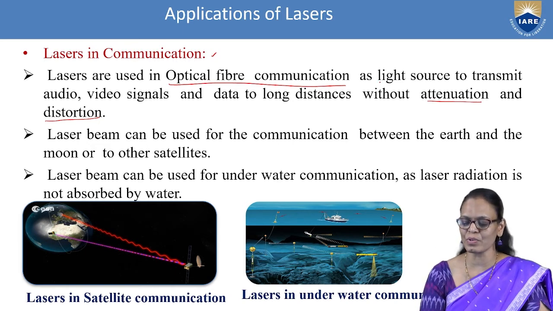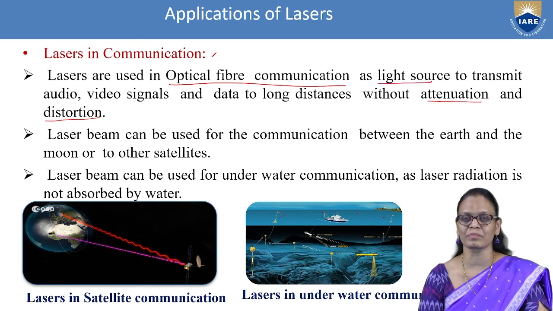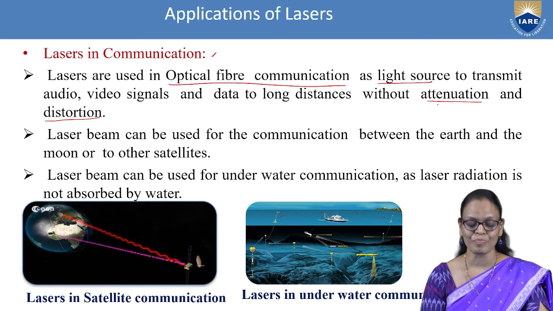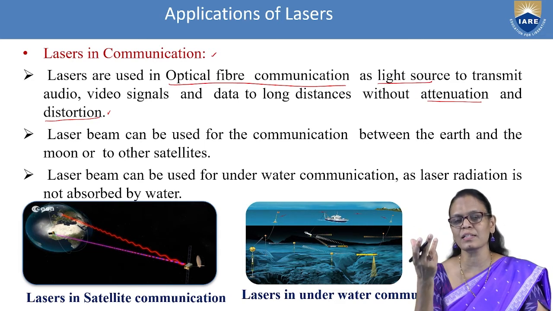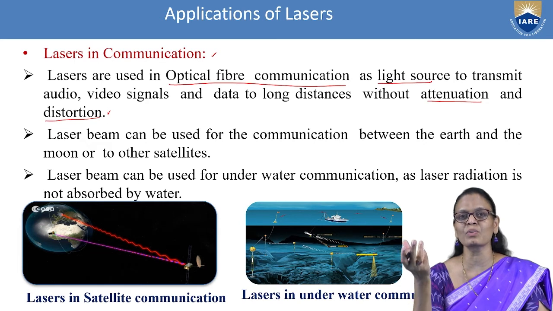So if this light source is a laser, it can easily transmit audio and video signals to very long distances without attenuation. Attenuation here means there is no loss of signal, and distortion means there is no change in shape of the signal. Means whatever signal has to be transmitted will be transmitted without any loss very easily.